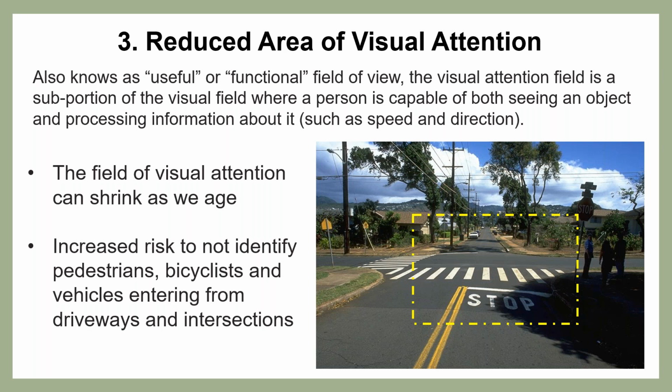The faster we're traveling, actually our window of visual attention starts to narrow. But this is where we are most likely to observe important things. Traffic signals, traffic signs. It's a goal to place those within our area of visual attention. Things that are outside of our area of visual attention, even though we may see them.